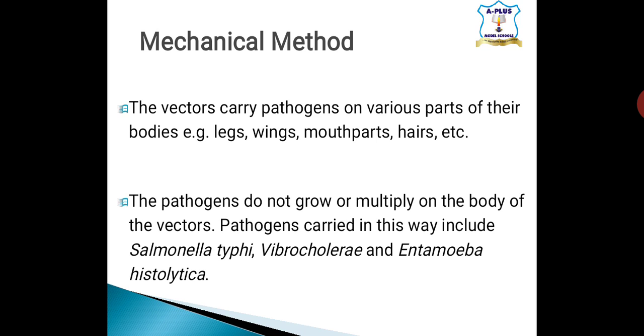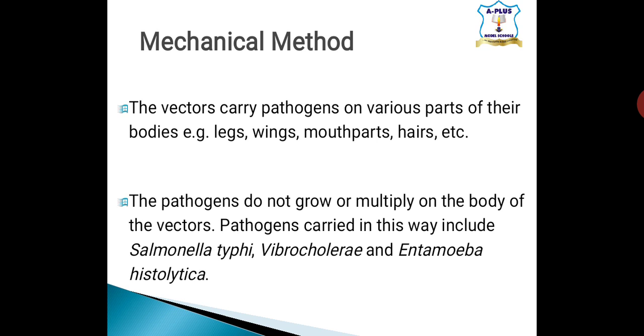The vectors carry pathogens on various parts of their bodies, e.g., legs, wings, mouthparts, hair, etc. Mosquitoes, flies, cockroaches carry all these microorganisms on various parts of their body. So when any of this touches your body or your food, they have automatically transferred the pathogens into your body system or to your food.